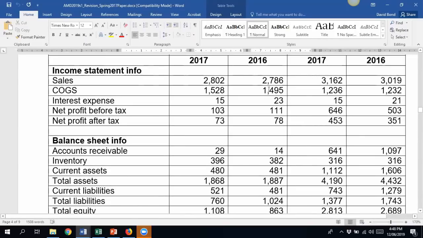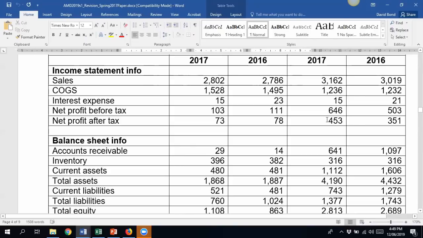Sales have gone up marginally, which makes sense. Interest is basically negligible, so there's not much we have to worry about. Net profit: there is a net profit, and they've had some tax taken out. Even though sales have gone up, net profit before tax has come down slightly. Net profit after tax on this side has stayed pretty stable, again negligible.